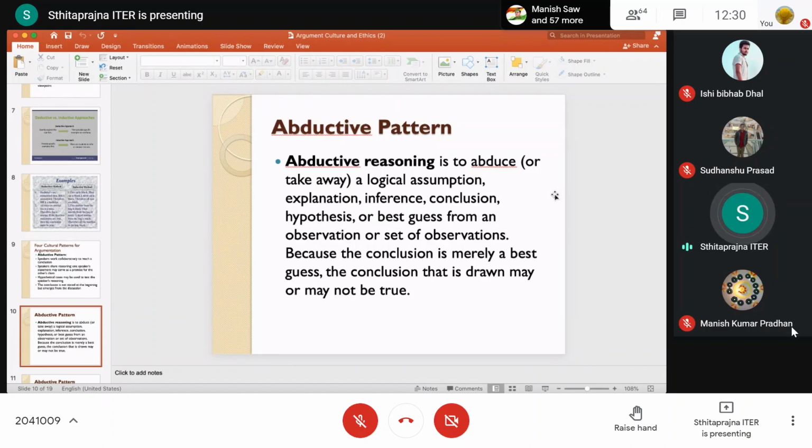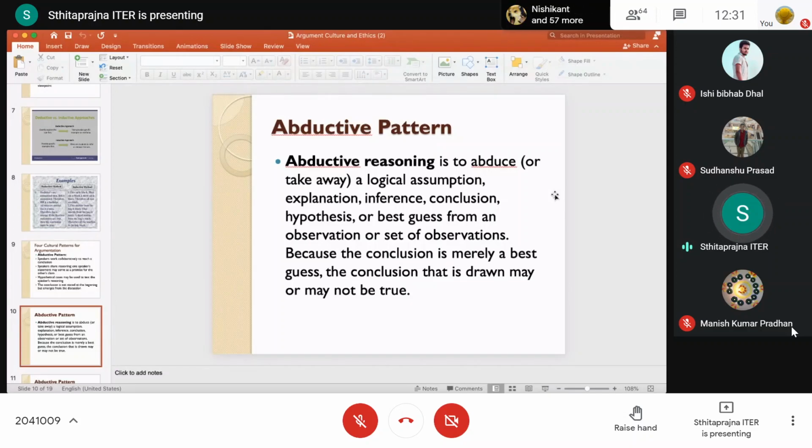Now, abductive reasoning is not always correct. That's because the conclusion that you draw is based on your guess, on a hypothesis, and a hypothesis may or may not be true.